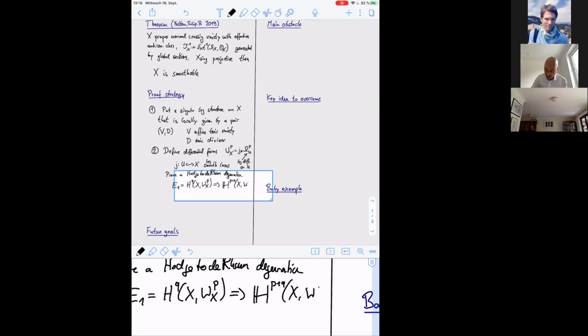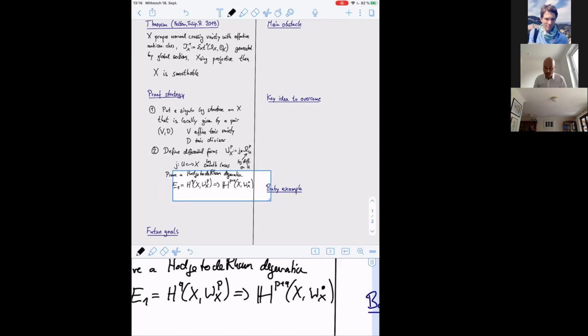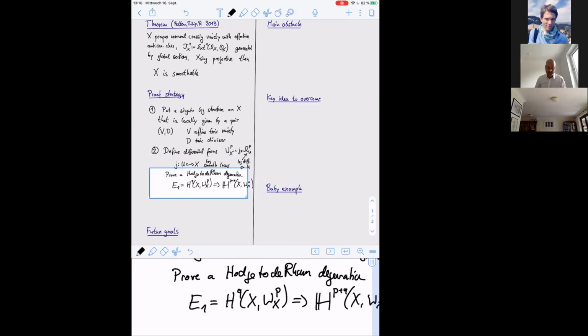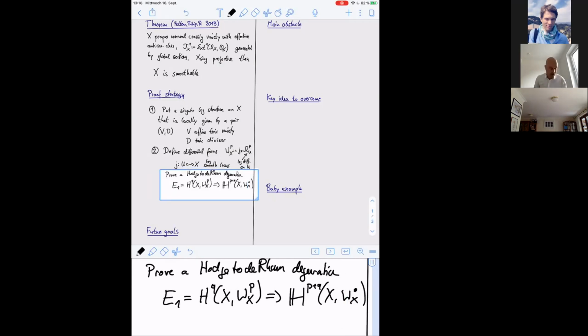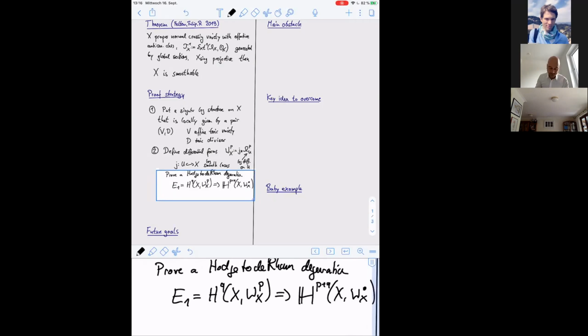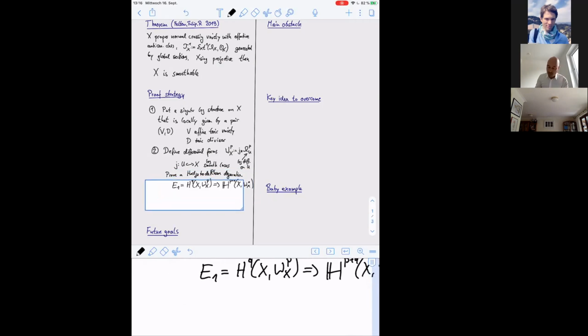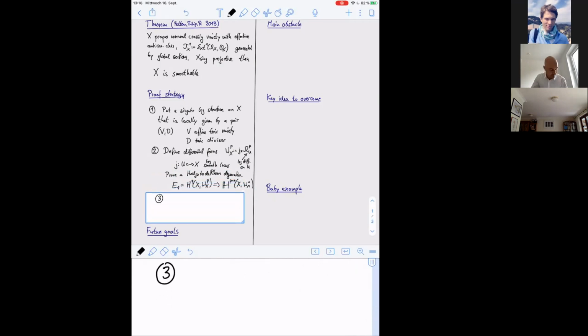So I should use W here. And you want that to degenerate at E1. That's what usually happens if you have Hodge theory going on and things work the way they should, then that degenerates at E1. So that's something you want to prove. And once you have that, that's a key ingredient for the next step. And it's the final step.